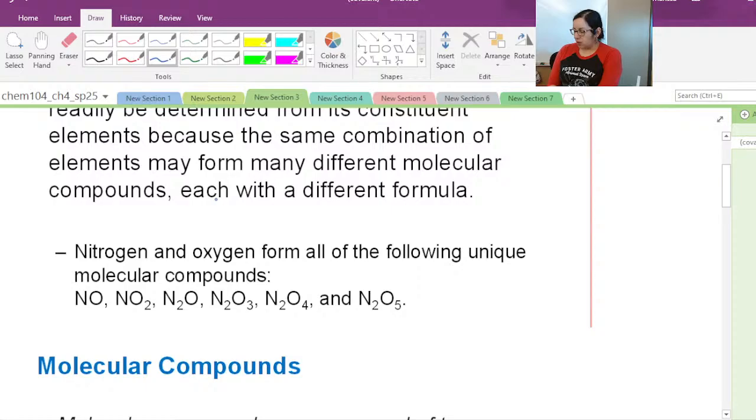Nitrogen and oxygen are really good examples of this. Oftentimes, if you see a discussion about pollution and these NO gases, they're often abbreviated as NxOy. And this is why, because there are so many different combinations. If you're talking about NO gases in the environment, you can actually be referring to the whole family of them.